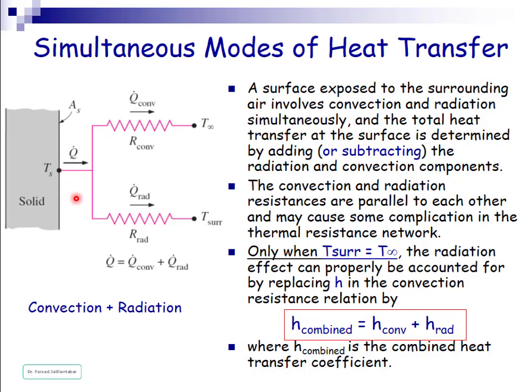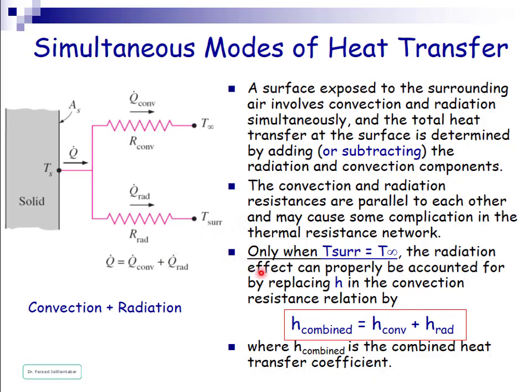So the total heat transfer at the surface is determined by adding, or subtracting when the heat transfer directions are opposite each other, the convection heat transfer and radiation heat transfer. These convection and radiation resistances are parallel to each other and may cause some complication for thermal resistance calculation.